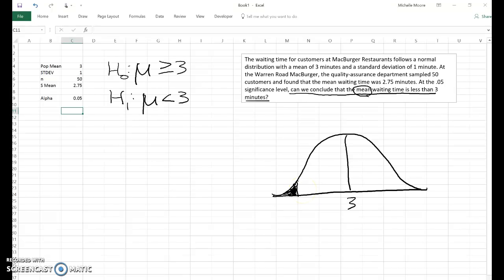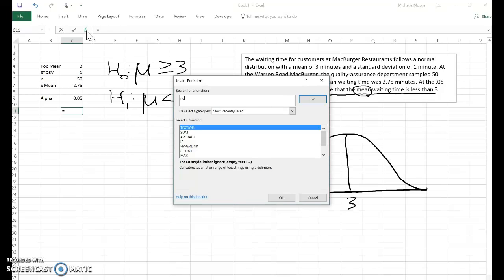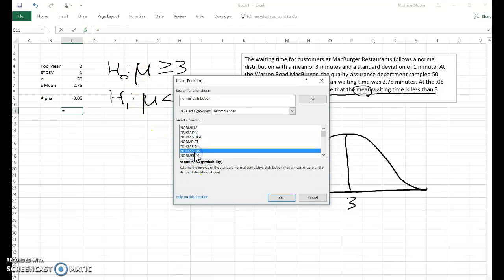And we know that from here to here, there's a probability of 5%, because that's what alpha tells us. So what we need to know now is, what is the z-score that sits right here? That's what we have to figure out. That will give us our critical value. We can do this by going up to our f of x button, and I'm going to search normal distribution. From doing this several times, I know that the NORM.S.INV is what I need.